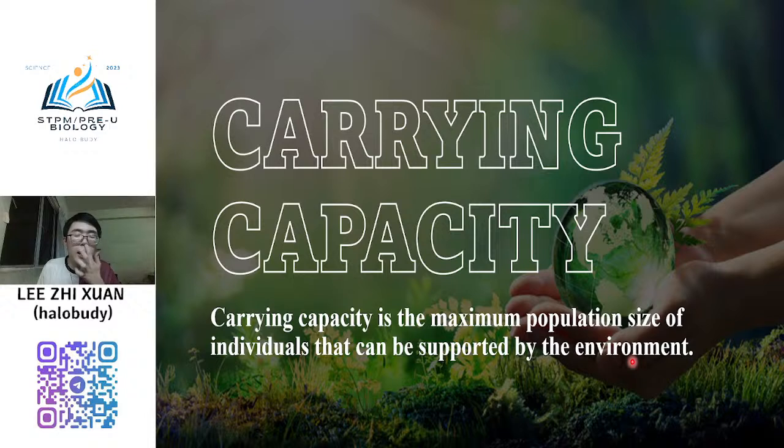For example, I don't know, I didn't do research, but when there are more than 200 billion humans on Earth, the human population will decrease at that time. So this is what we call carrying capacity. That environment can only support that population size.